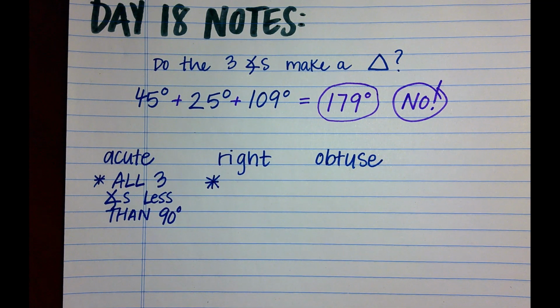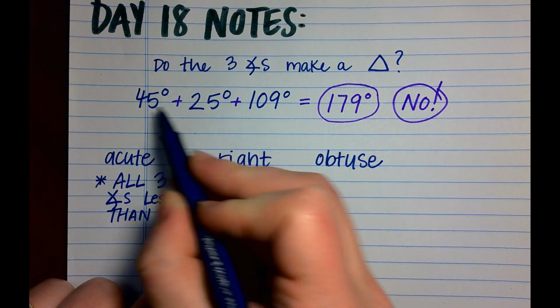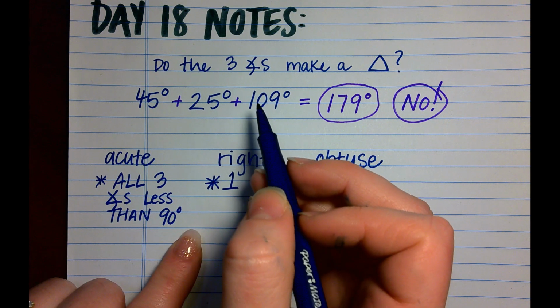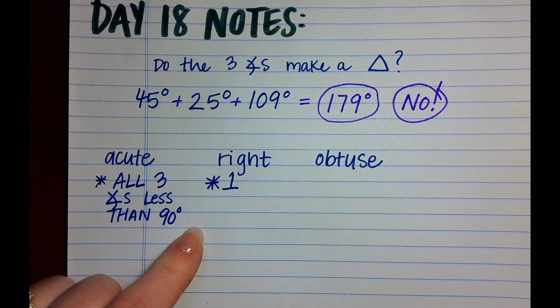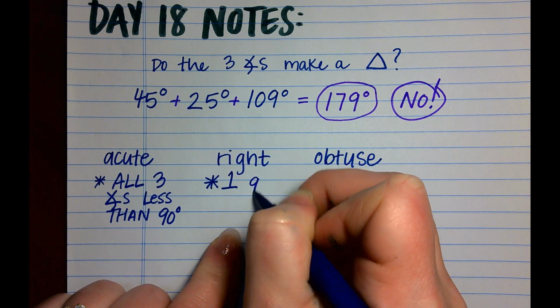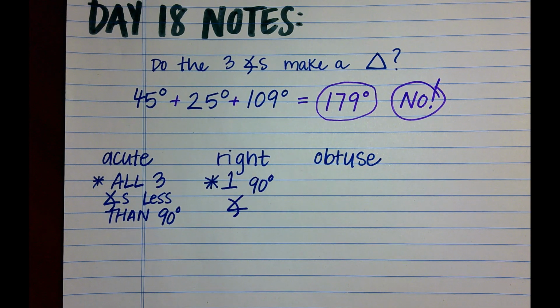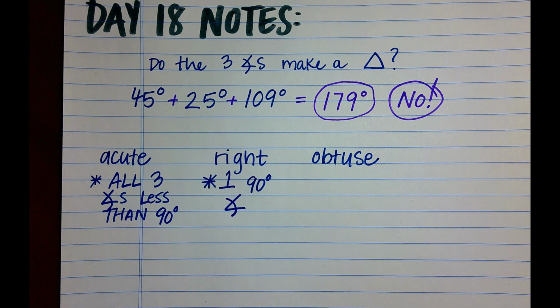How many 90-degree angles can a triangle have? Just one. So if even one of these is a 90-degree angle, it's a right triangle. Just one 90-degree angle. If there's more than one, you know it's not a triangle because that's more than 180 degrees.